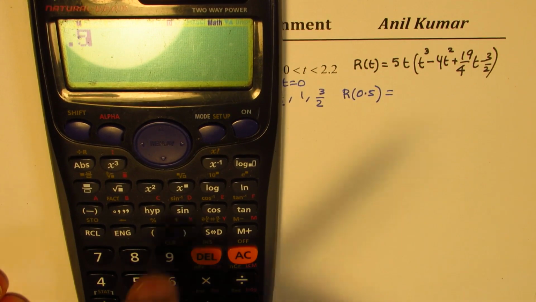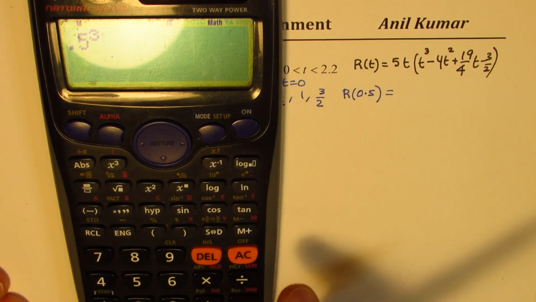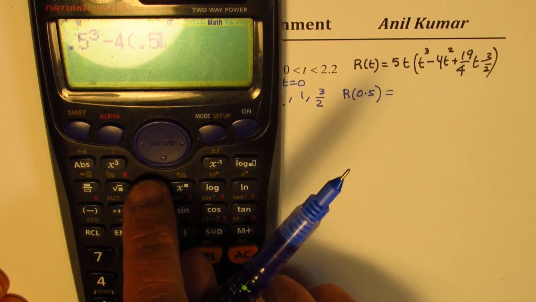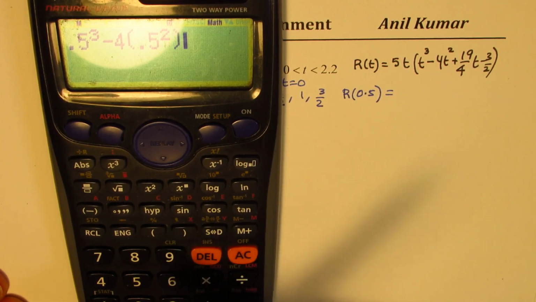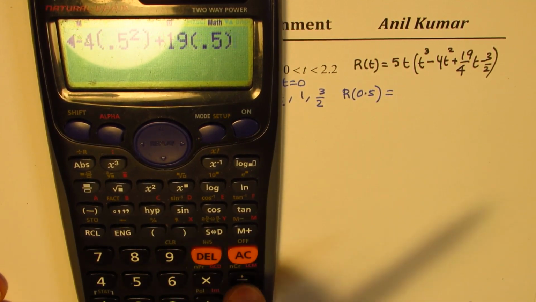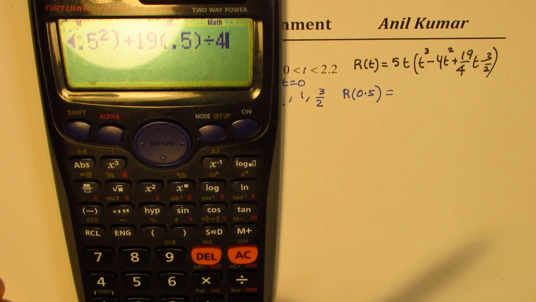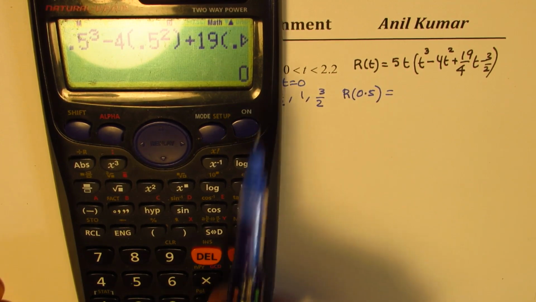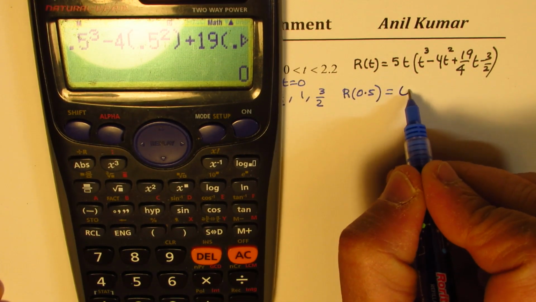We get 0.5 cubed minus 4 times 0.5 squared plus 19 times 0.5 divided by 4, and then minus 3 divided by 2. So it gives us a 0. So we do get a 0.